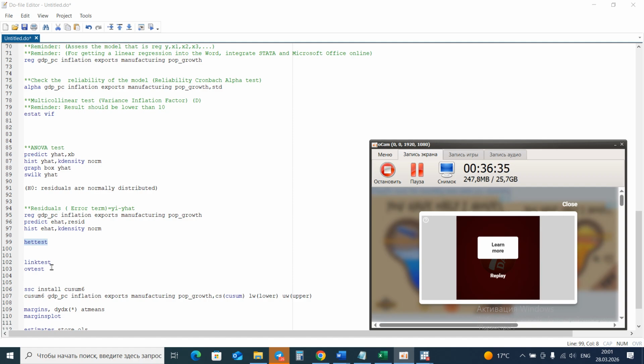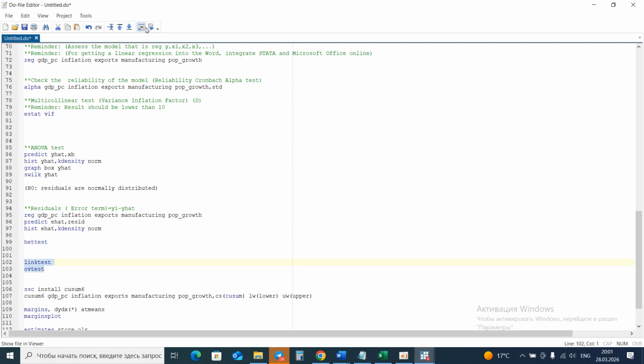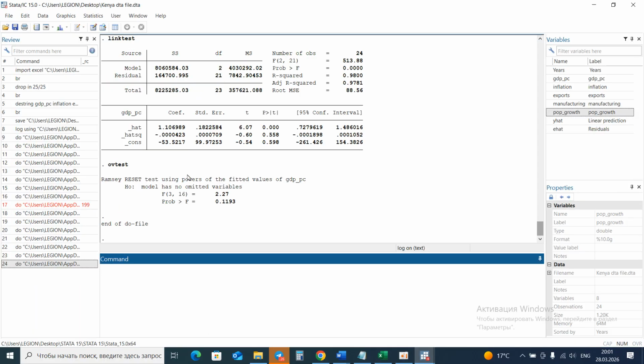So next are the link test and the O test. The link test command is given to determine specification mistakes in our model, while the O-test checks whether there are missing variables in our model from the H0 hypothesis.